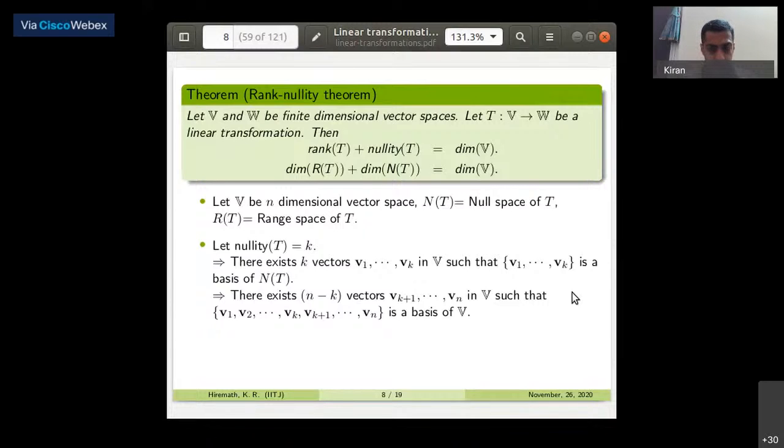For this proof, we can use the T map: we have this vector and then we will have the null space.